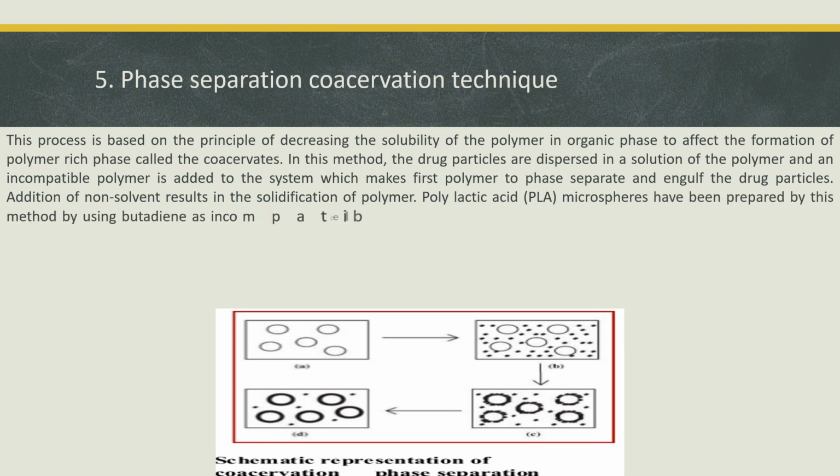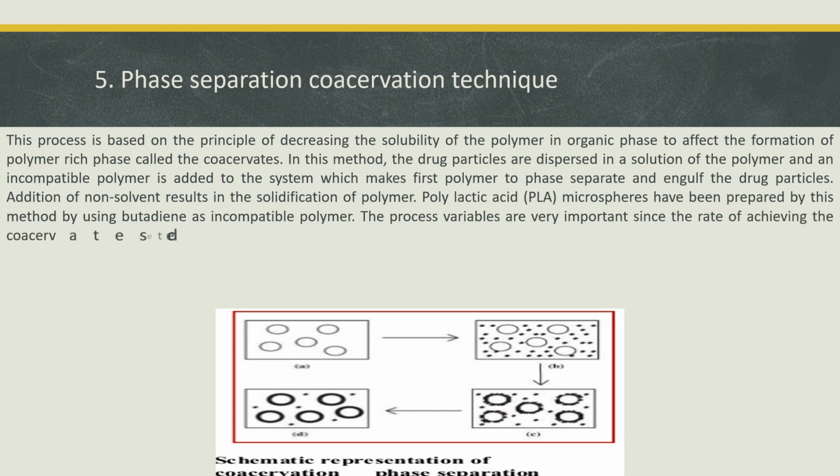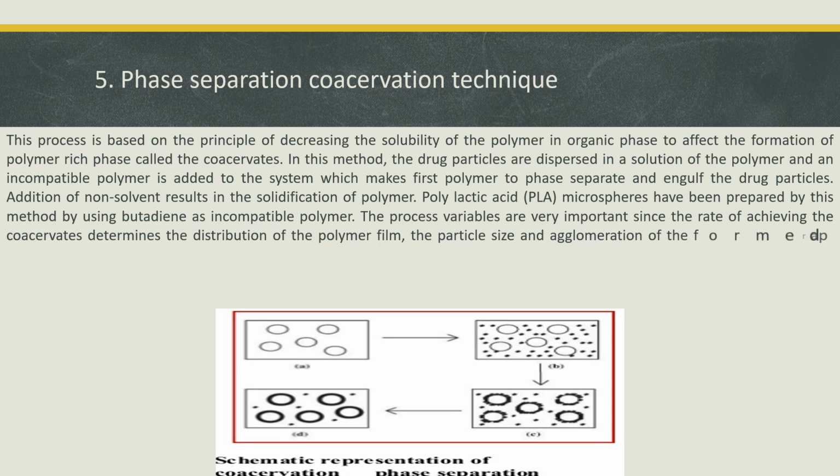PLA microspheres have been prepared by this method by using butadiene as incompatible polymer. The process variables are very important since the rate of achieving the coacervates determines the distribution of polymer film, the particle size and agglomeration of the formed particles.